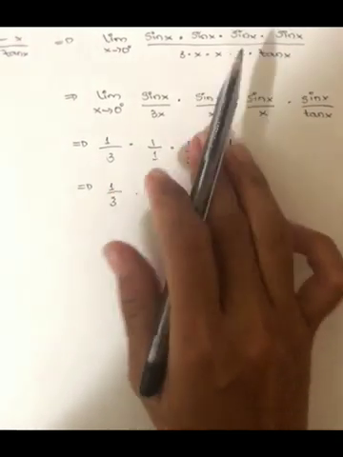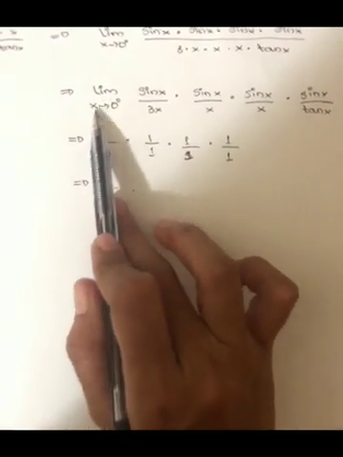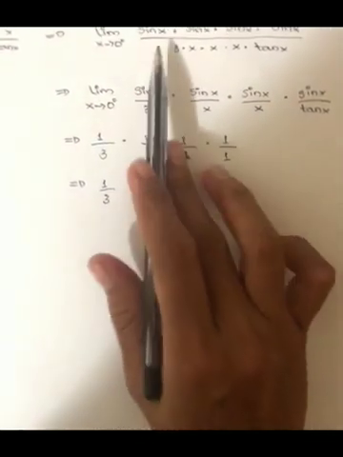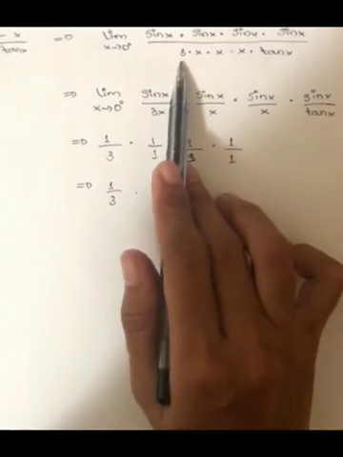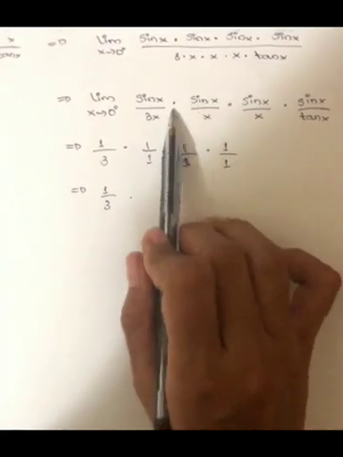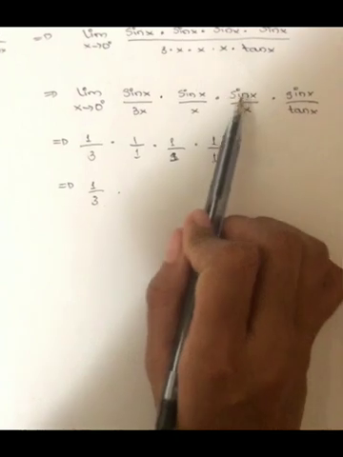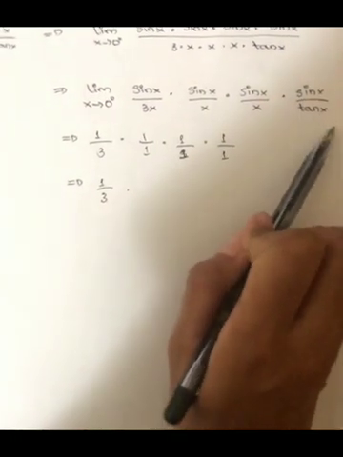We can separate it like this: sin x over 3x times sin x over x times sin x over x times sin x over tan x.